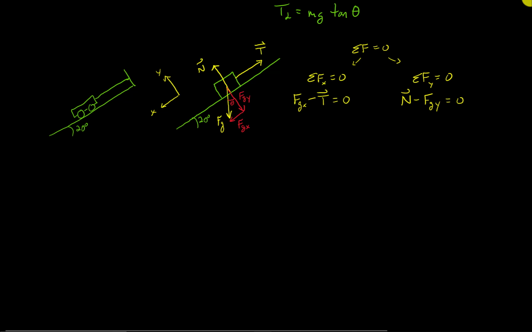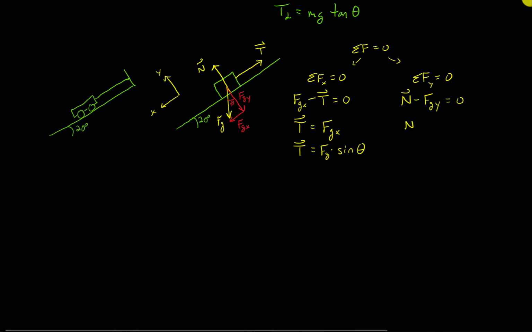Now we can solve. So we'll see that the tension, if I move it over, is going to be equal to the force of gravity in the x direction. And the force of gravity in the x direction, in terms of the force of gravity, is going to be sine. So it's force of gravity times sine theta.